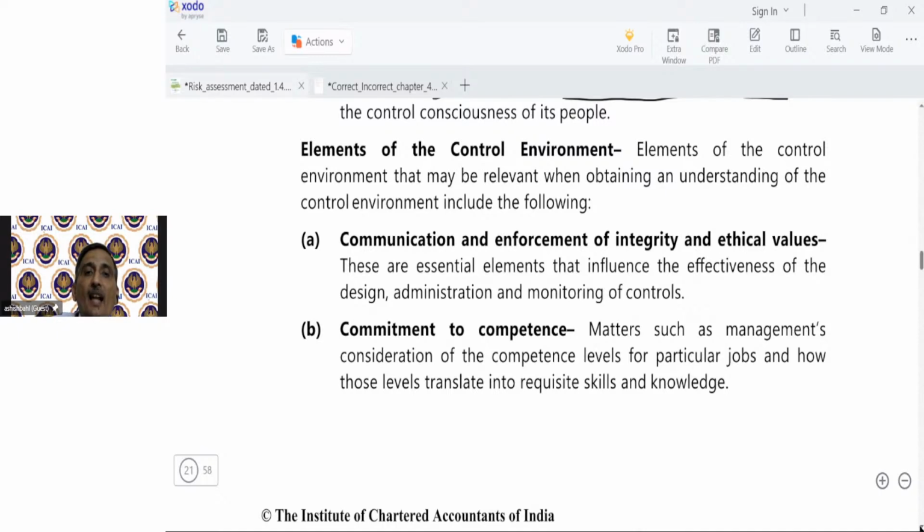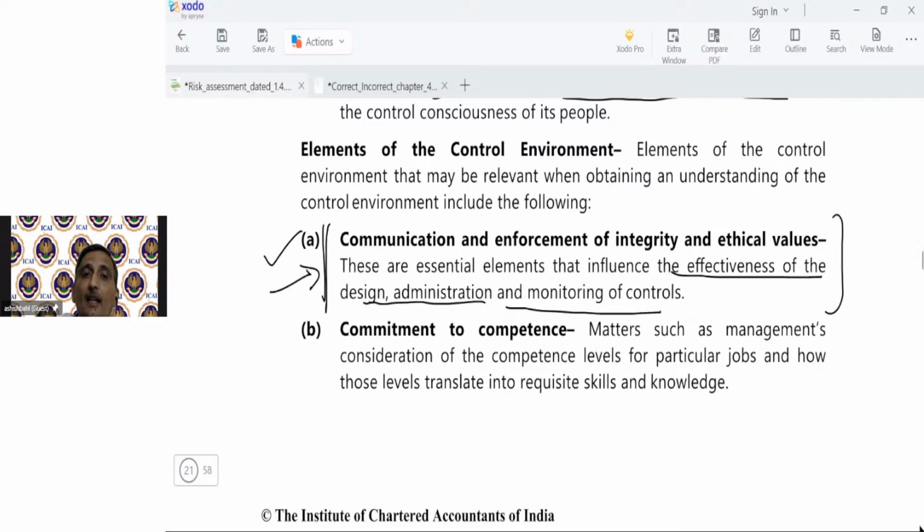Communication and enforcement of integrity and ethical values. I have already told you, if the management is ethical, then these ethical values have to be communicated down the line through training programs, through the system, through the literature. Commitment to competence.